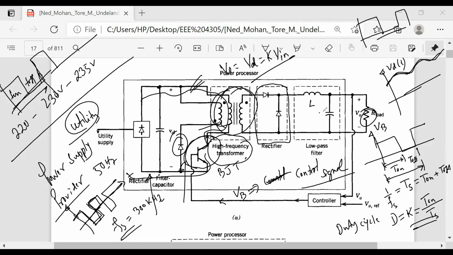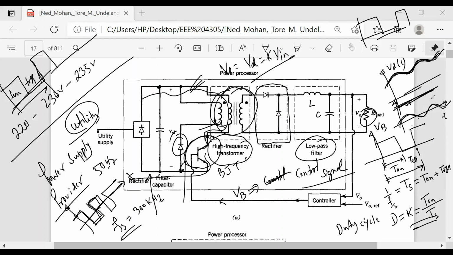Also look here, this is the L and this is the C. There are some filters because we want to clear out the ripple. So if we draw it, you will have an AC voltage as well as the DC voltage. If you add this ripple voltage and also the DC, then you will get a voltage like this.